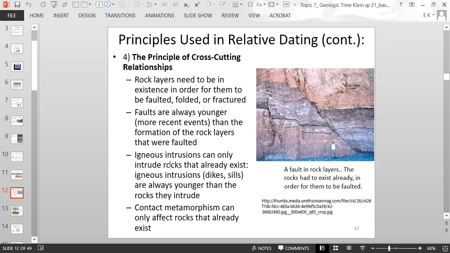So igneous intrusions like dikes and sills are always younger than the rocks they intrude. And contact metamorphism can only affect rocks that already exist. Okay, so those are all events that are going to be more recent than the formation of the rocks that they affect.